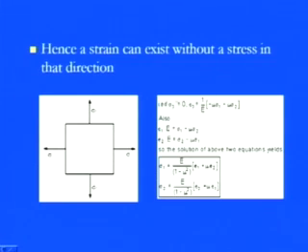But we can still calculate the strain in the third principal plane, which equals 1 by E times minus mu times sigma 1 and minus mu times sigma 2. Also, from the first formula, E times epsilon 1 equals sigma 1 minus mu times sigma 2, and E times epsilon 2 equals sigma 2 minus mu times sigma 1.